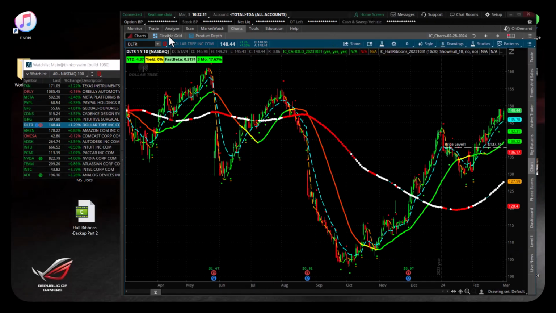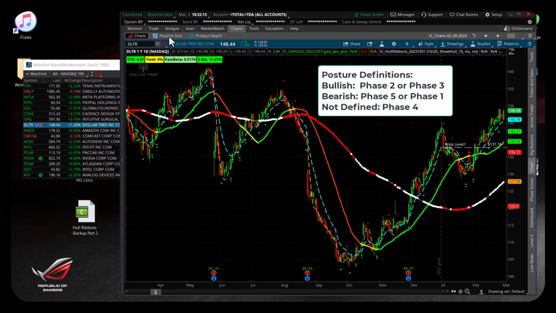Of late, I've been experimenting with the concept of the market phases posture, and I've gotten it down to two colors, red dots and white dots. The red dots correspond to phase 1 and phase 5. I'm going to show you how they look on the chart.